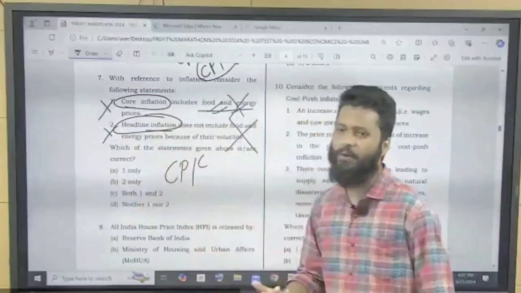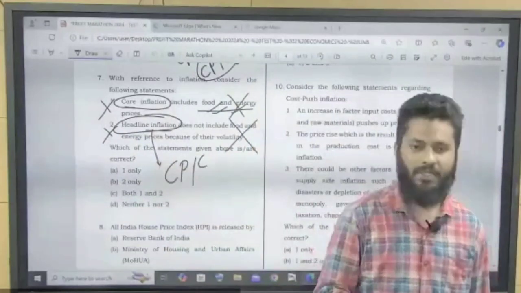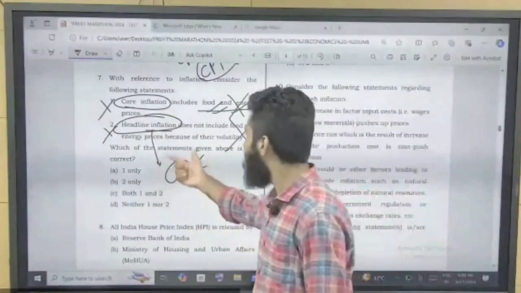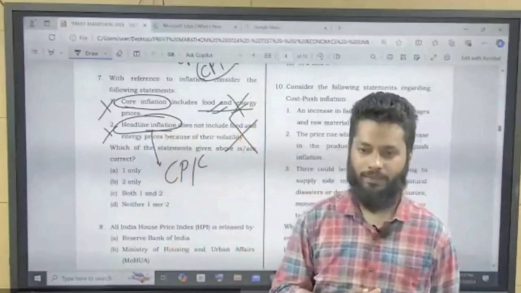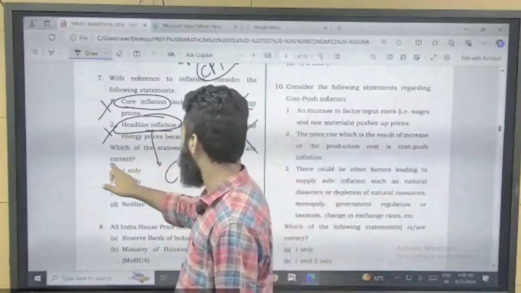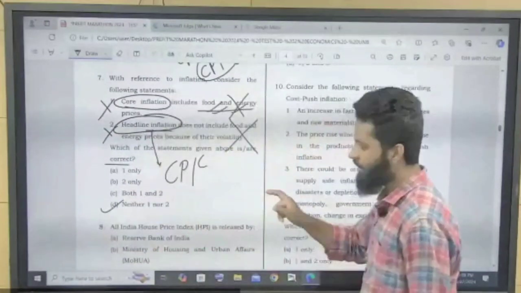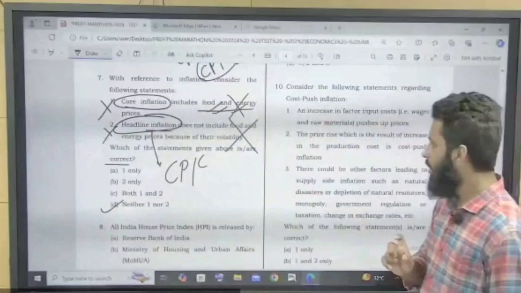Since they are asking about headline inflation, which is nothing but Consumer Price Index, and CPI includes food as well as energy, this statement is also incorrect. They are asking which of the above statements are correct. So neither one nor two, that is answer D. So this is the answer.